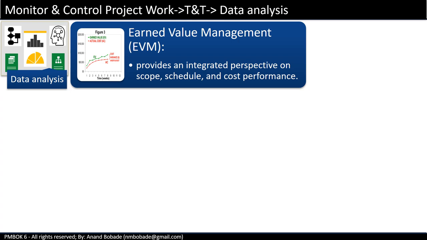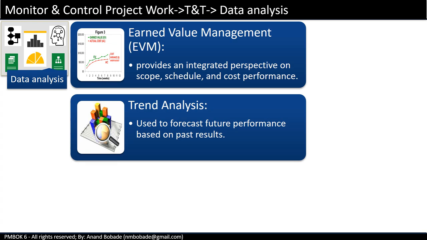Earned value management is a performance measurement method. It provides an integrated perspective on scope, schedule, and cost performance. Trend analysis is used to forecast future performance trends based upon past results and current results.